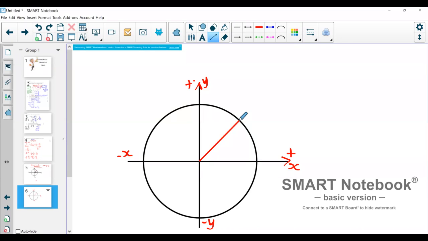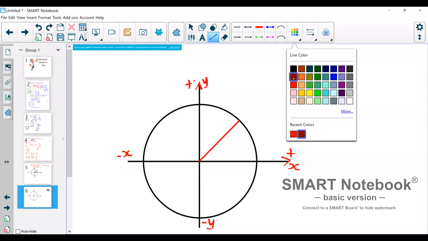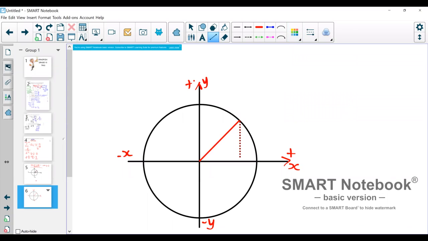Good. If that circle has a radius, which means I can create a triangle here in this radius. Just want to get a different line. Lovely. I'm going to draw. All right. So I have this. Now that's a right angle triangle.